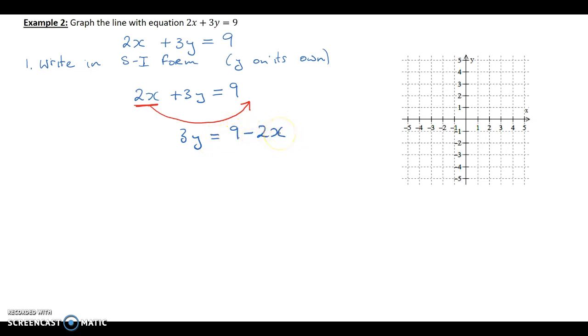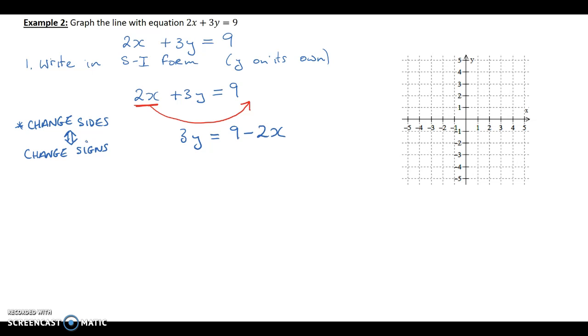Now remember, it's minus 2x because change sides means we change signs. You're probably sick of hearing that by now, but it's just a quick way of dealing with it.